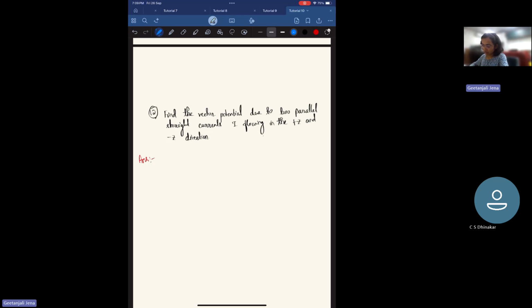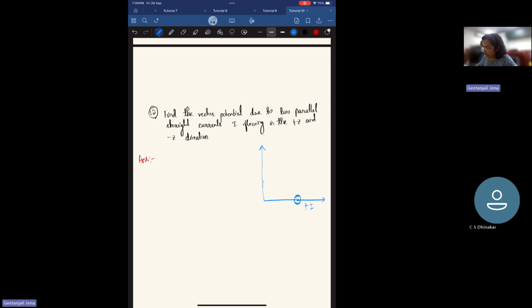Let us calculate for one wire and then we can add for the second.